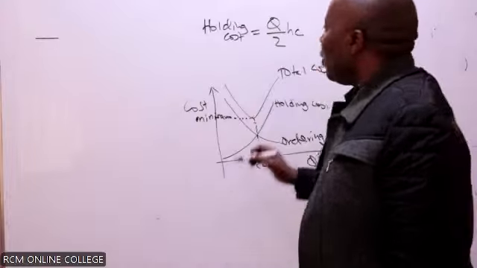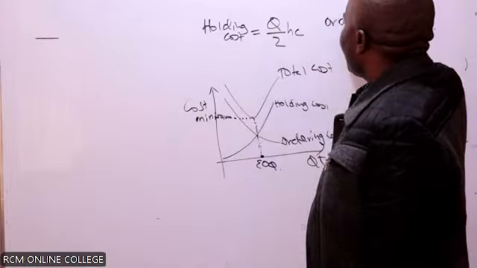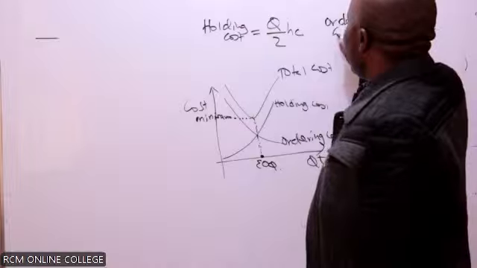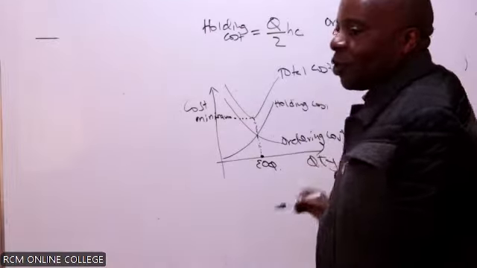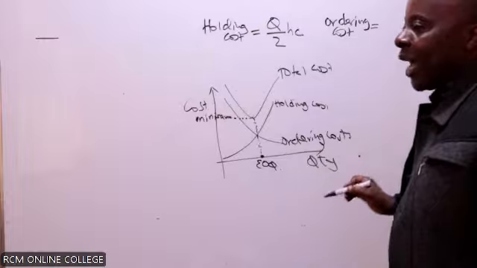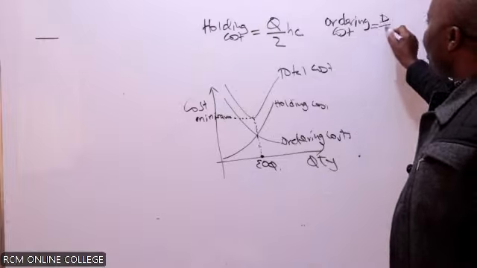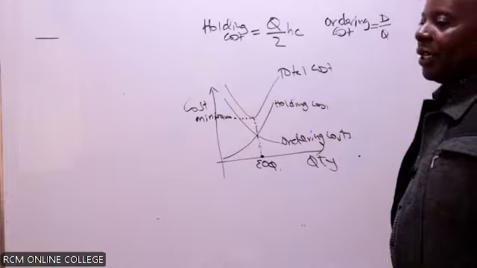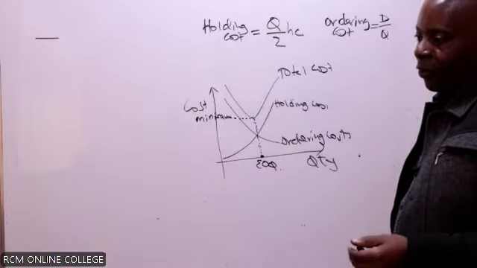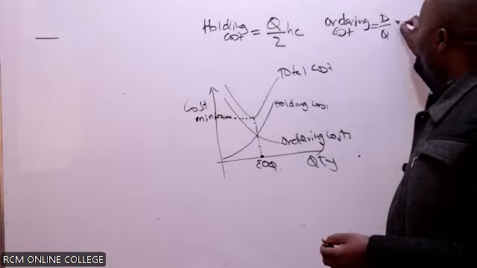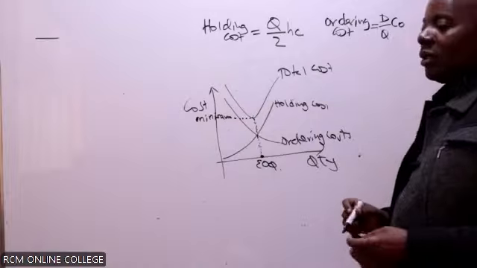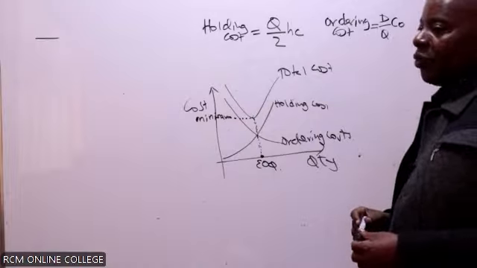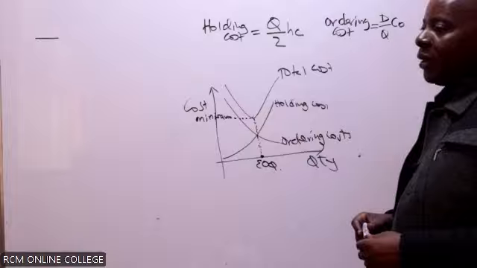And whenever they want me to give them ordering cost, I have first of all to get the number of orders, which is D over Q. Then ordering cost is D over Q multiplied by CO.